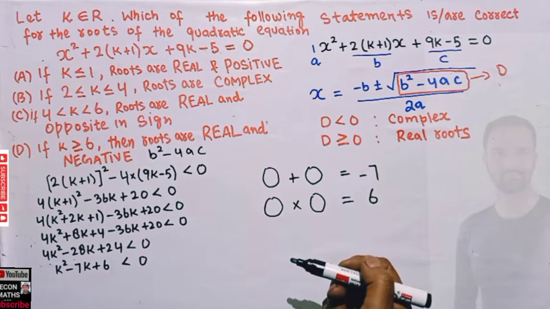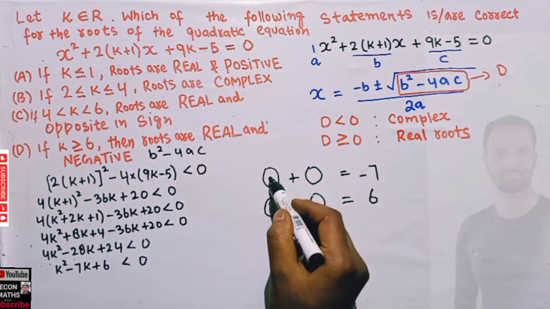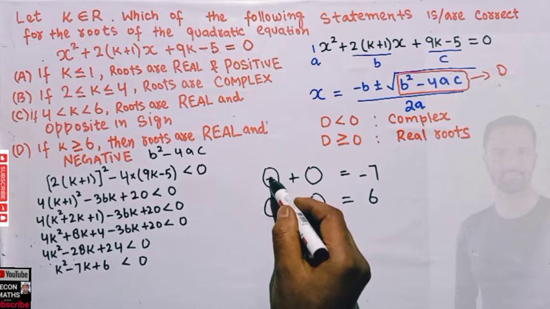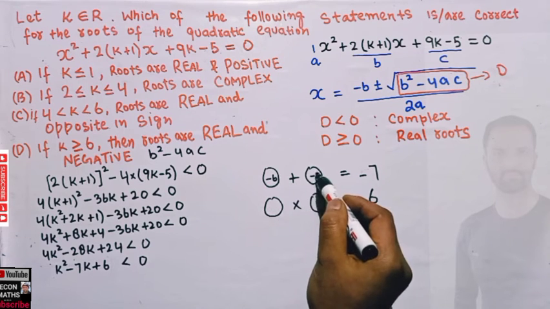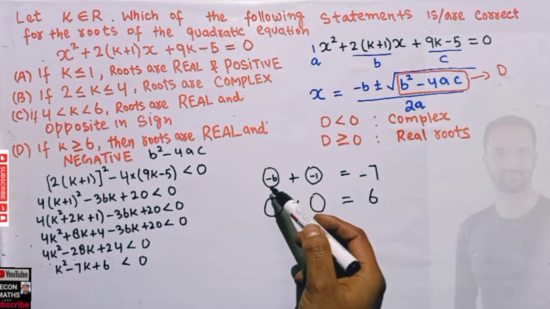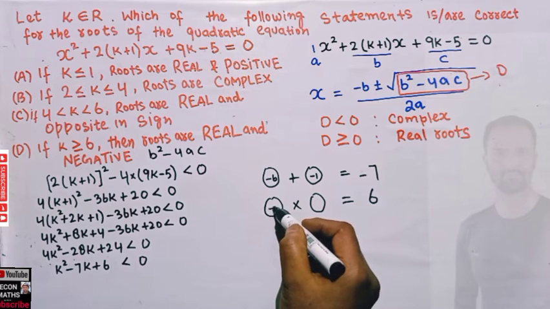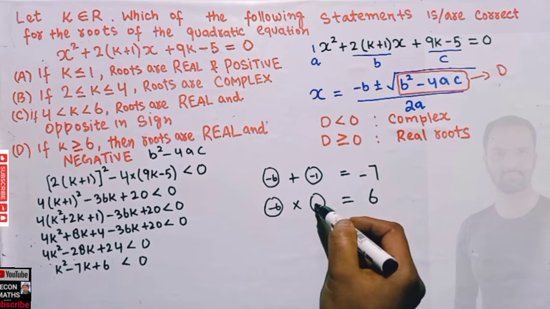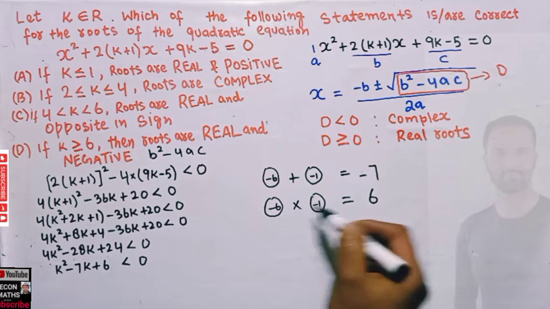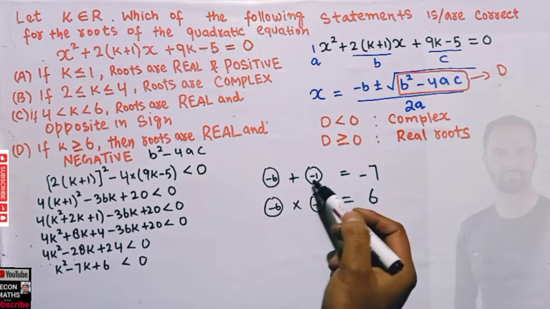If we write it here, -6 and -1. -6 plus -1 is -7, and -6 into -1, minus into minus is plus, 6 ones are 6, so we have -6 and -1.